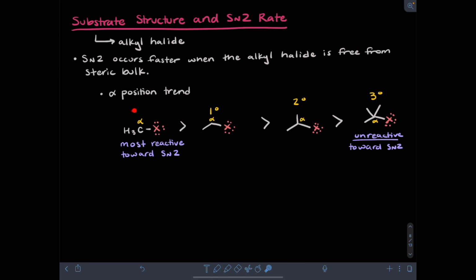Methyl halides, where you have an alpha position with 3 hydrogens on them, are the most reactive towards SN2 reactions because hydrogens are small.